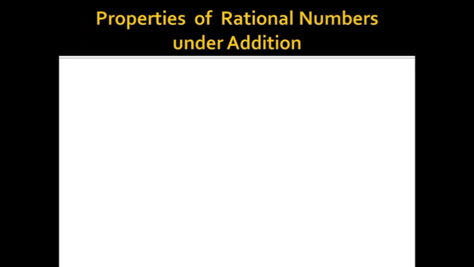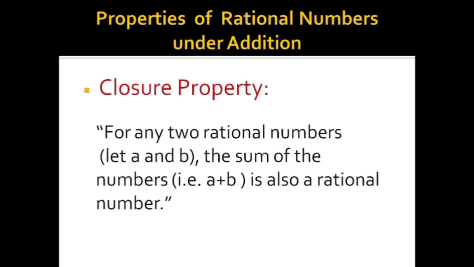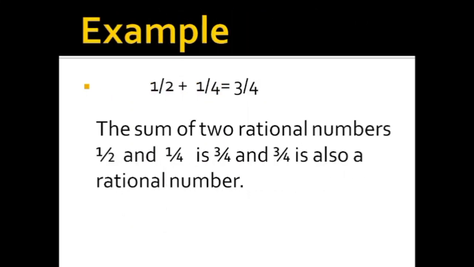Now we will discuss the properties of rational numbers under addition. The first property is the closure property, and it says that for any two rational numbers, considered as a and b, the sum of the numbers, that means a plus b, will also be a rational number. We'll clarify it with an example.